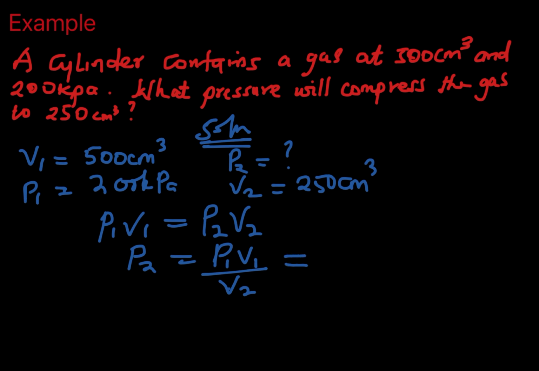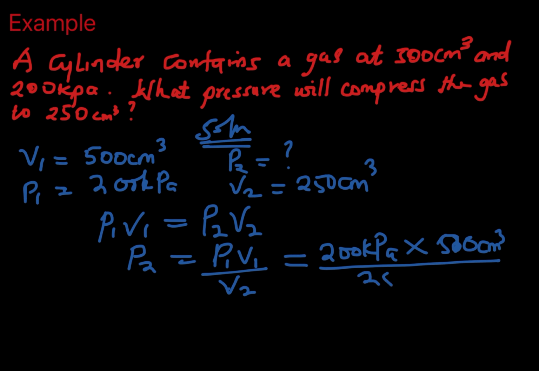So if we put in the figures, we have 200 kPa times our V1 500 cm³ divided by our V2 250 cm³.